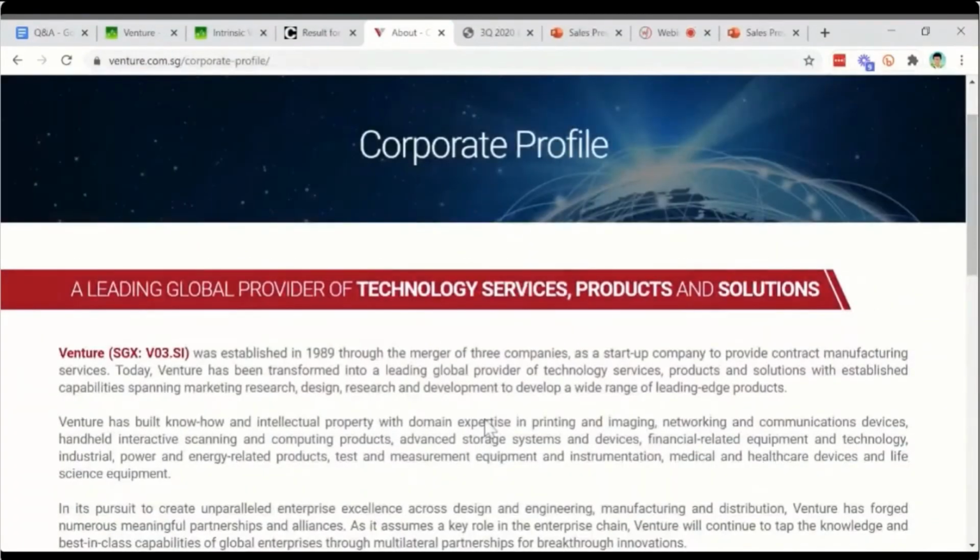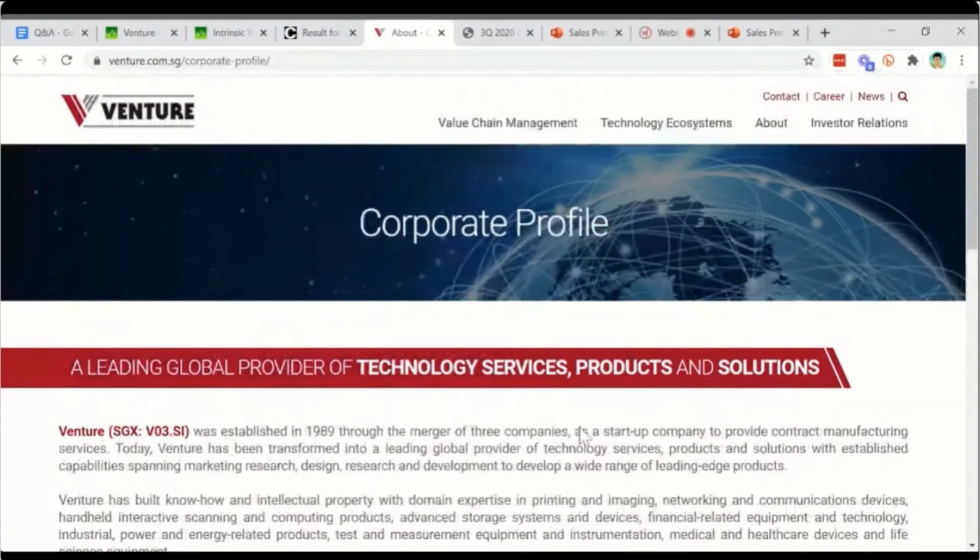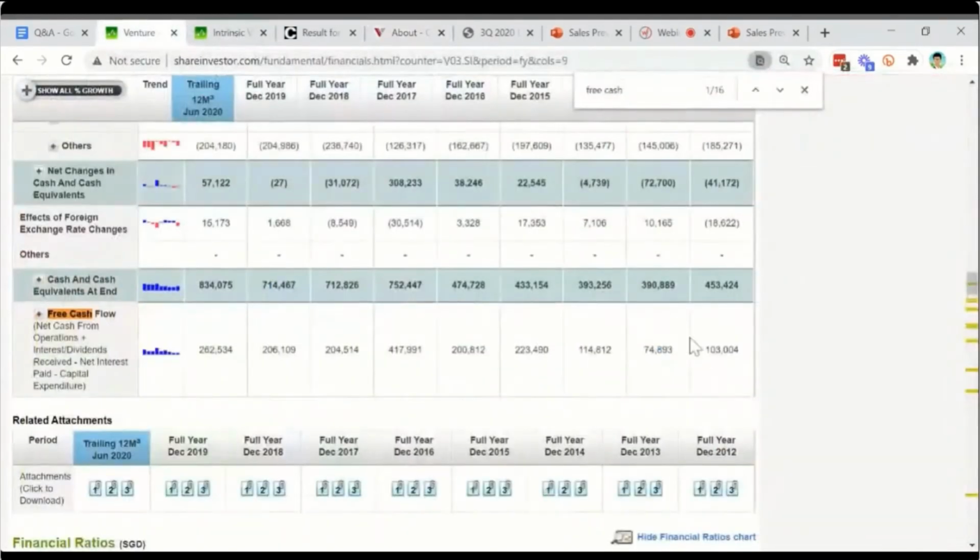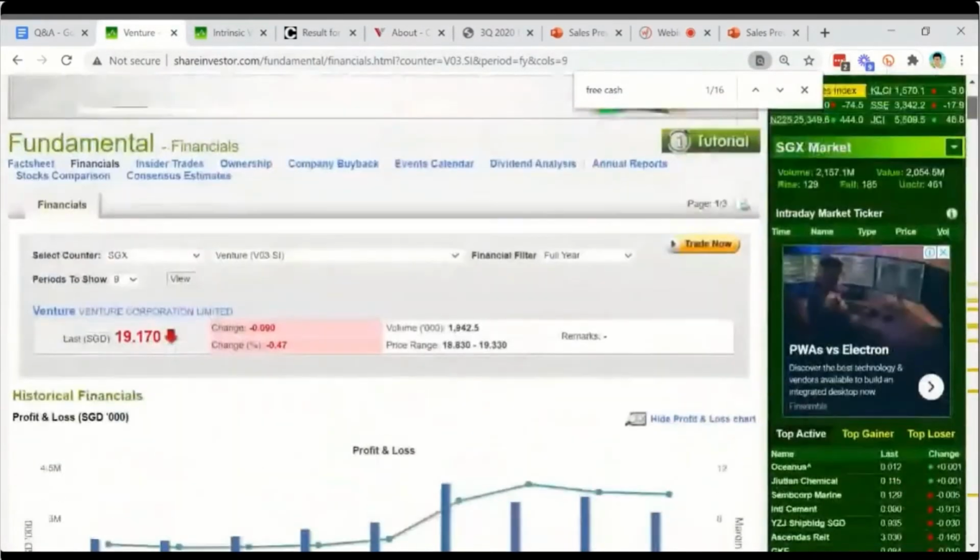I'm not going to dive deep into their economic moat or what kind of technology they have, the R&D and things like that. I'm just going to share their financials right here.